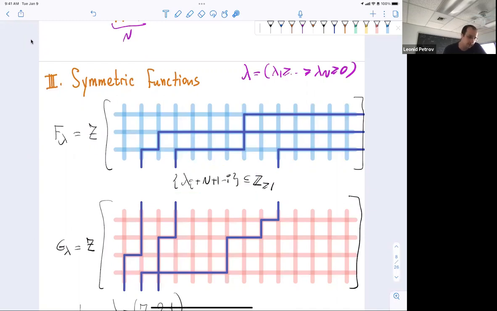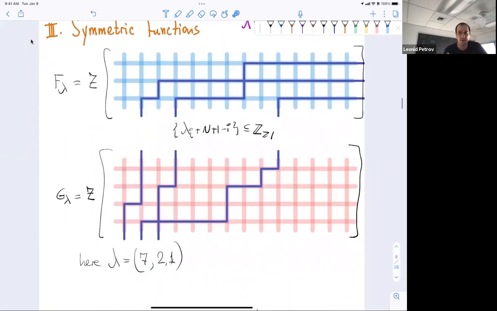And f_lambda is, by definition, a partition function of only the blue part where I fix the bottom part with the bottom locations where the paths enter. This is indexed by lambda. So this is f, and the g is similar. What we get is that the partition function above was in secret the Cauchy identity for the f and g functions.